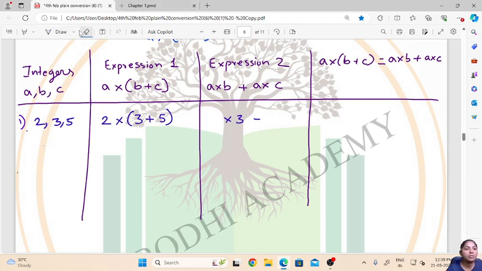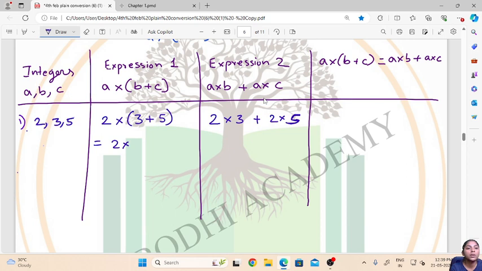Then we have a into b, that is 2 into 3, plus a into c, that is 2 into 5. So let us solve these two expressions.